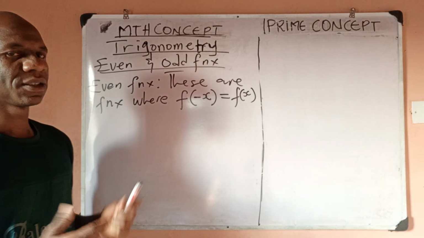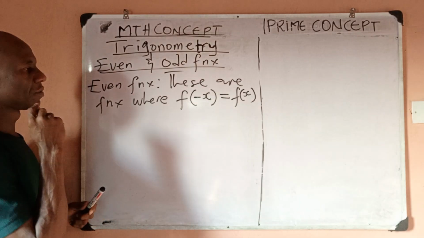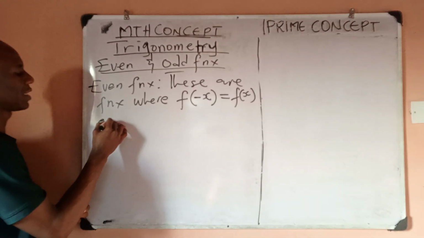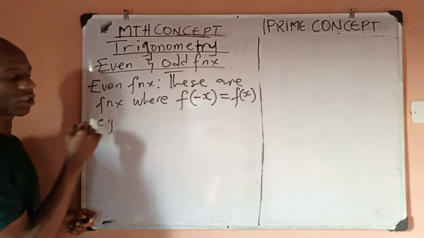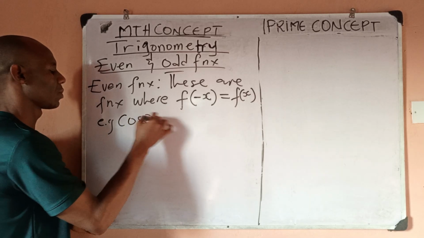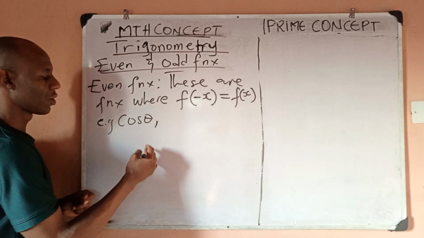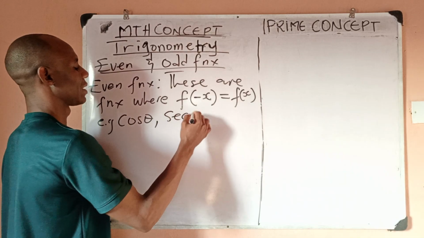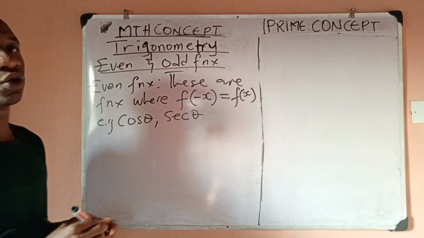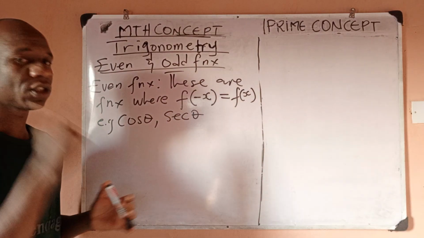What do we mean by this? For example, one of the even functions we have is cos. Cosine is an even function, and then another even function is sec. So these are basically the two even functions we have, just the both of them.